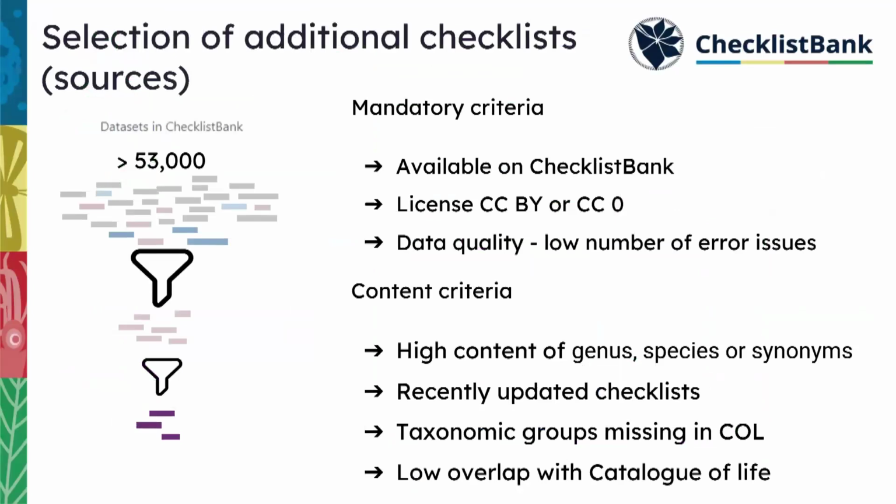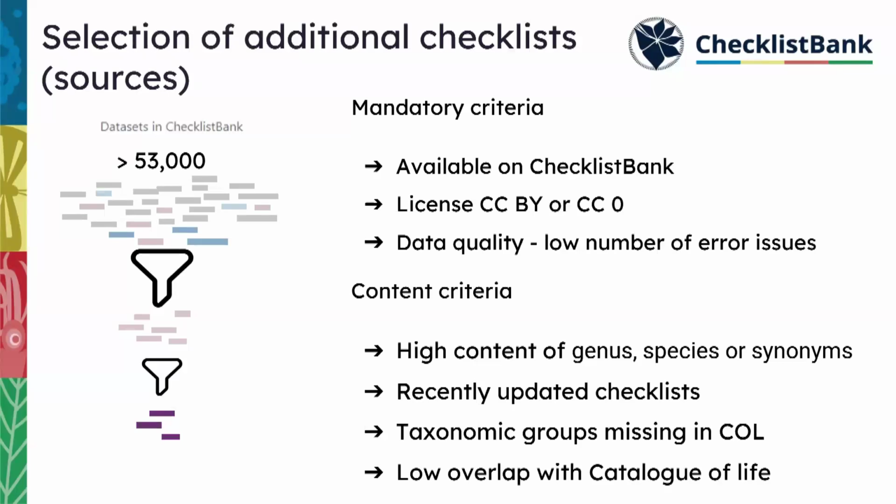Selection of additional checklists or sources to be included in the process. As I mentioned before, the assembly process occurs in ChecklistBank, and even though there are more than 50,000 checklists available in the platform, not all of them are included in the process, as we perform a prior filtering of them to ensure a standard level of inputs.